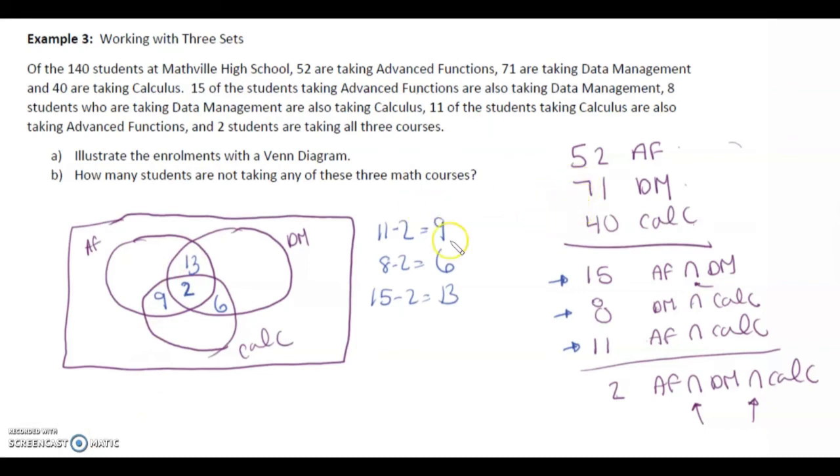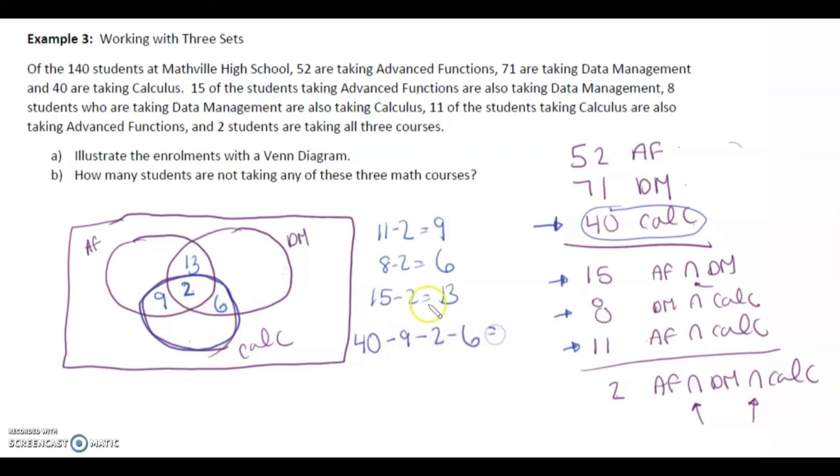Okay, so let's extend this to individuals who are only taking one of the 3 courses. So there are 40 students taking calculus. That means for this entire calculus circle, it has to add up to 40. So we already took into account 9 people who are taking only advanced functions and calc, 2 people who are taking all 3, and 6 people who are taking calc and data.